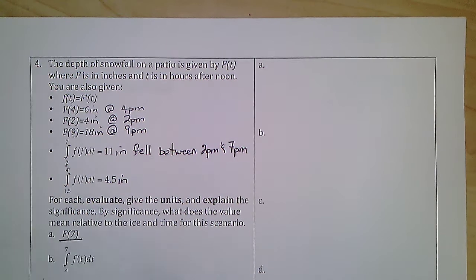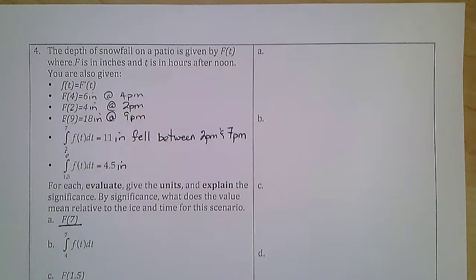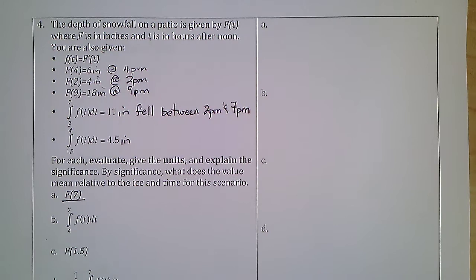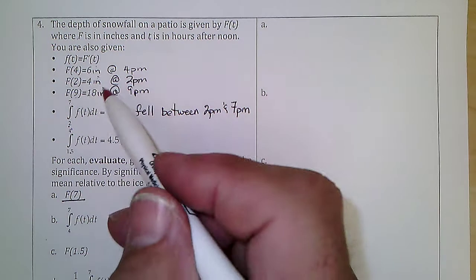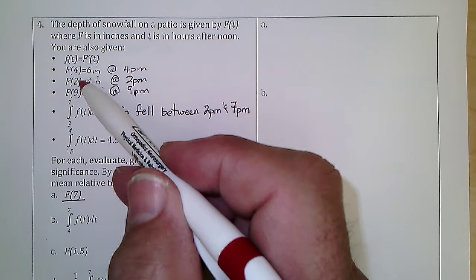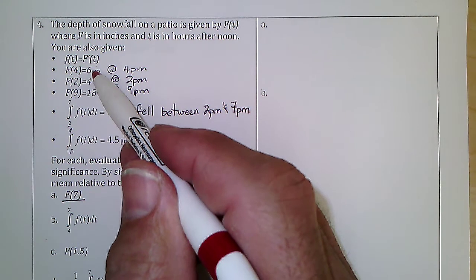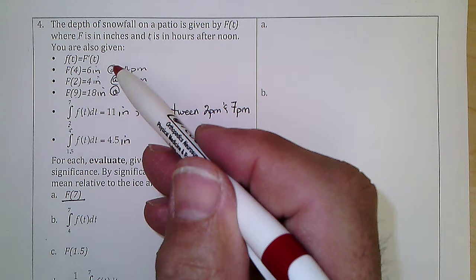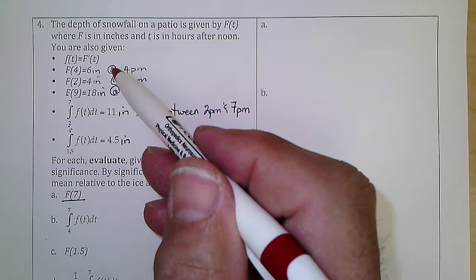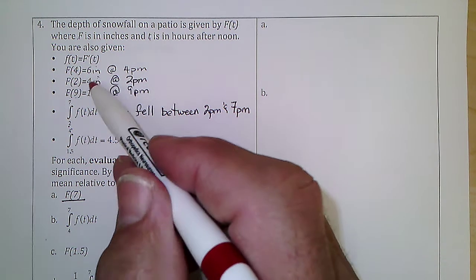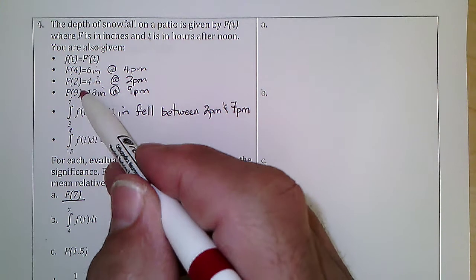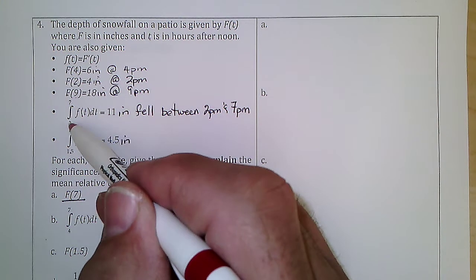This wants to know how much is there on the ground at 7 p.m. Not any change. Let's see. From 4 to 7. At 4 there were 6 inches. And at 2 there was 4 inches already.